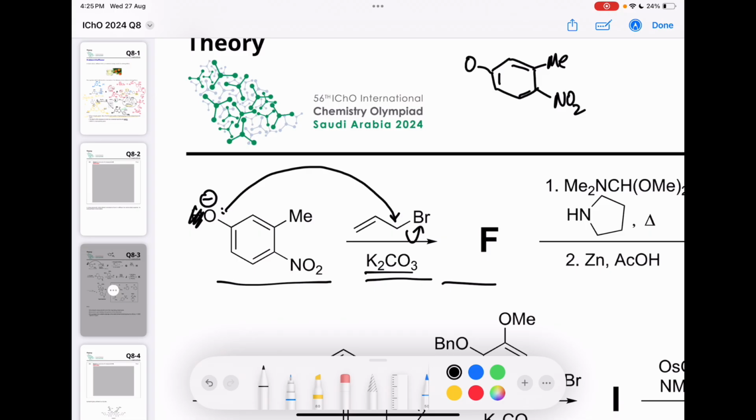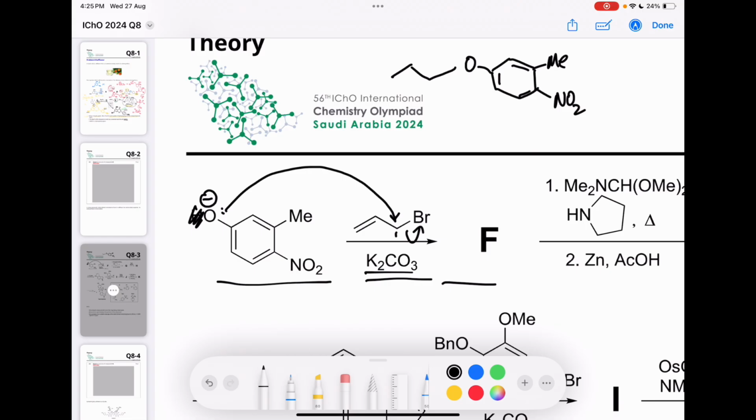That's what structure F will look like. My apologies, I counted my carbon wrongly.